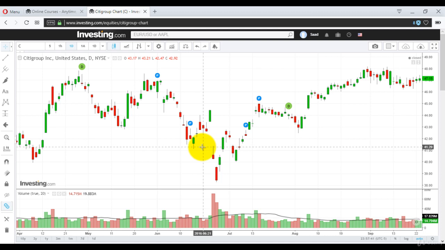But now, as I told you in the rising window, usually it will come back to fill the gap. 8 out of 10 times it will come back to fill the gap. But let's say too many buyers have bought it somewhere here and somewhere here, then this fall is usually a trap for them.